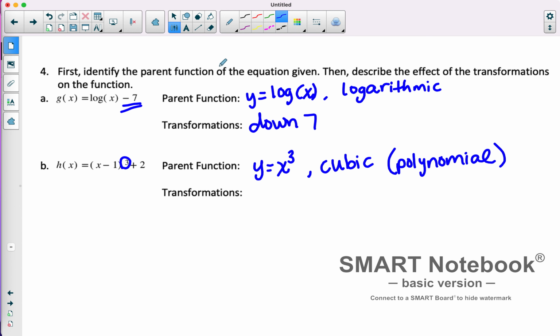If we apply the transformations in a specific order, we start with the inputs. So the x values, we're subtracting 1 from them. We see that x minus 1 affects the inputs. That's a right 1 transformation.